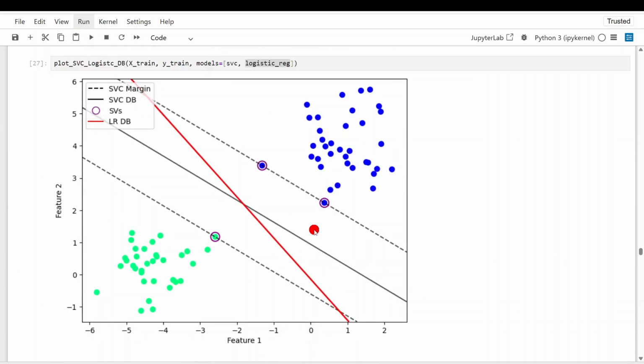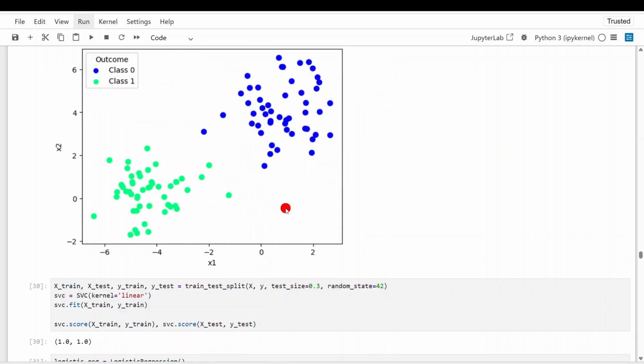In this case, the two different classes have a larger separation difference between these two types of points. But here, the separation space between these blue and green points is somewhat narrow.